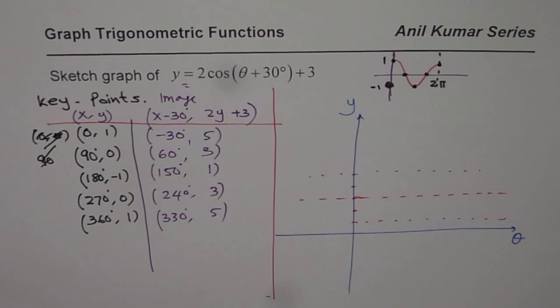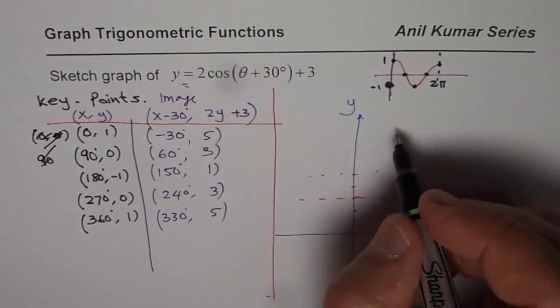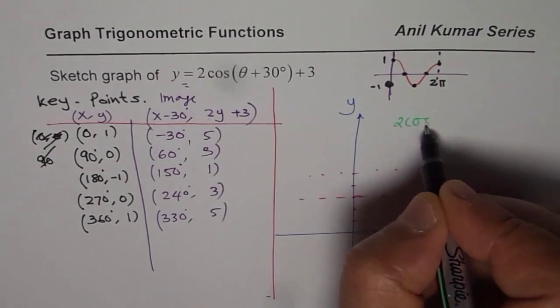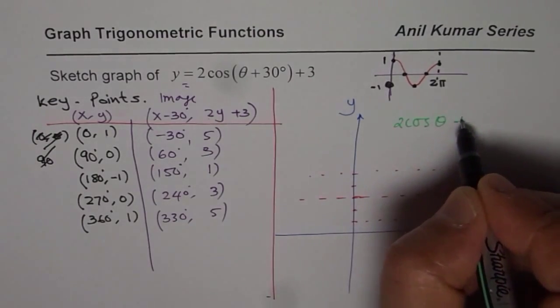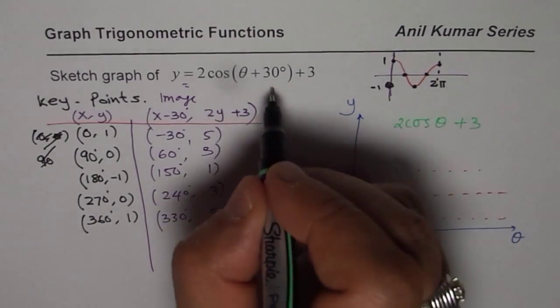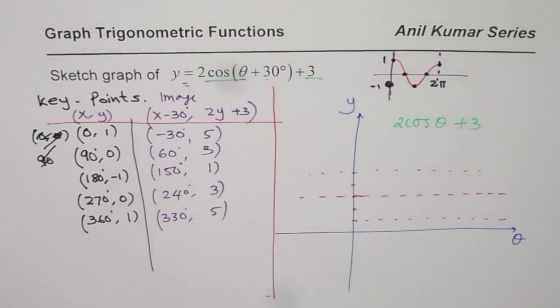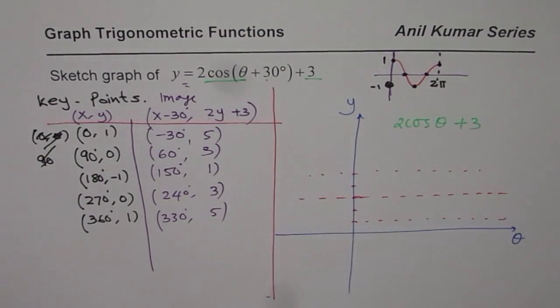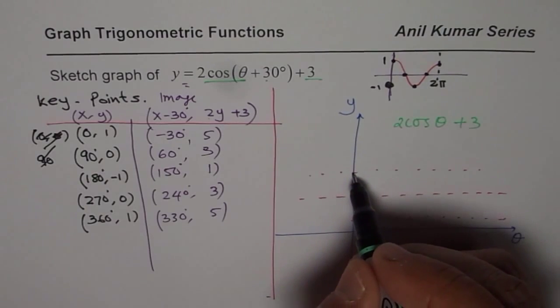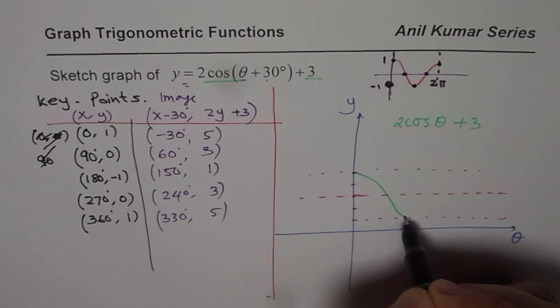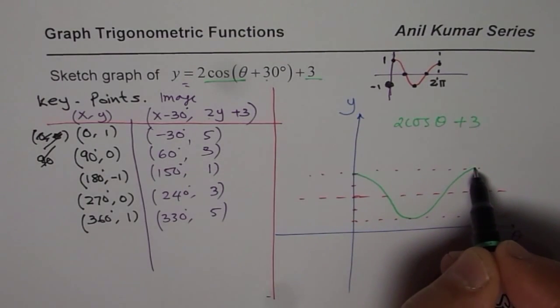Now, with that, I can actually sketch my first draft, which I say a function. Now I'll sketch 2 cos theta plus 3. So what I'm doing here is I'm sketching these parts, but not incorporating the phase shift, which I'll do in the later case. So what I do here is I sketch my cosine function. Is that okay?